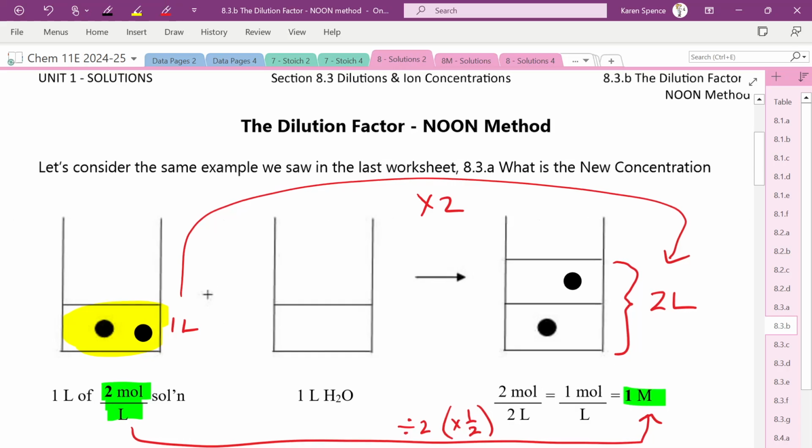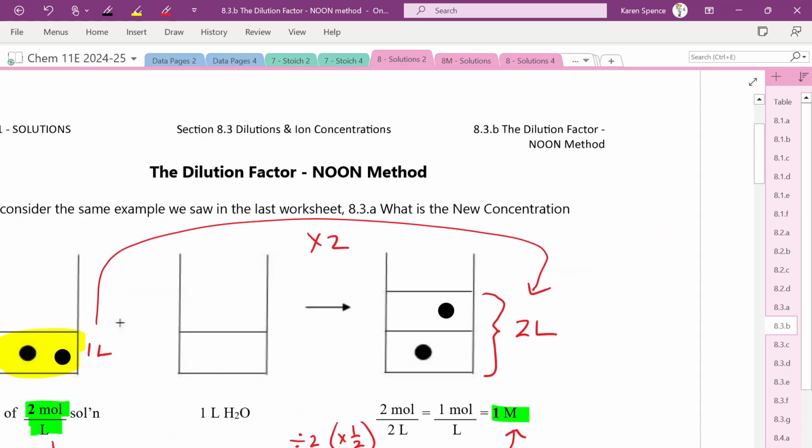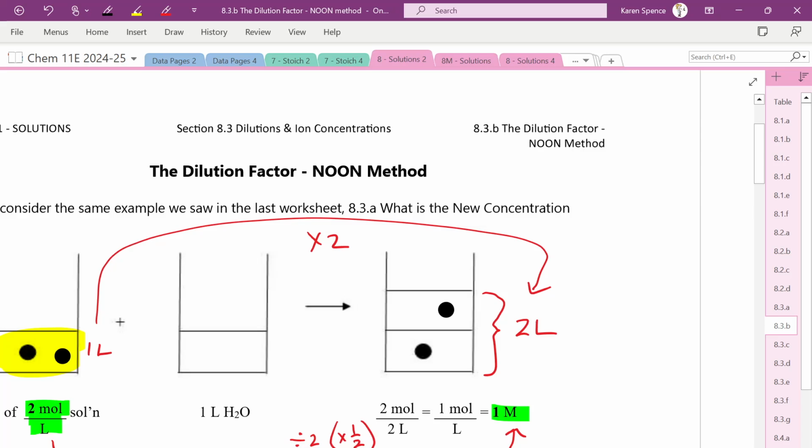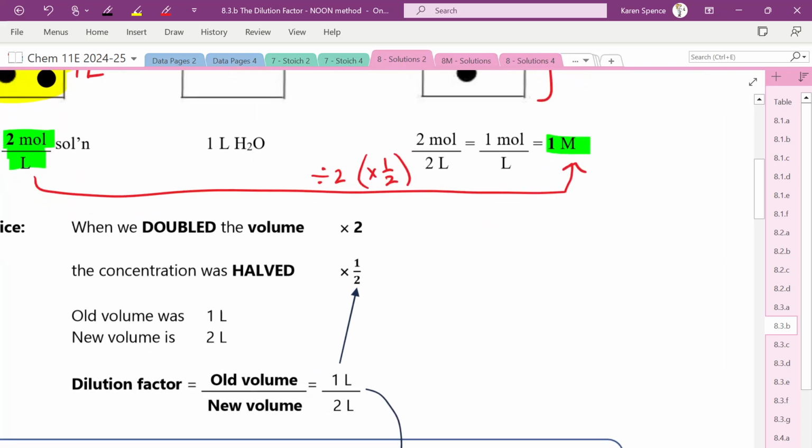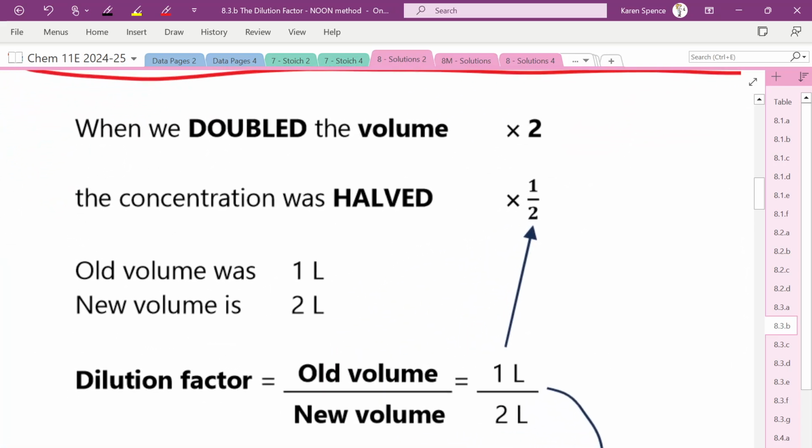So this is what usually happens. Now, it's usually not as simple as we just double the volume. Usually it's more complicated than that. But we call this factor, where we have the 1 over 2, where did that 1 over 2 come from? That came from the 1 liter over the 2 liters. You start with 1 liter, you finish with 2 liters.